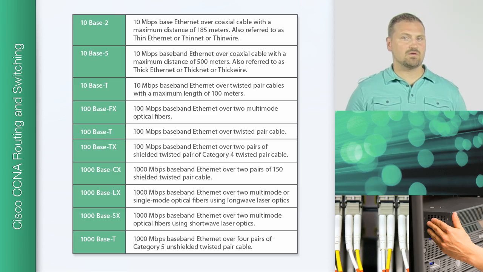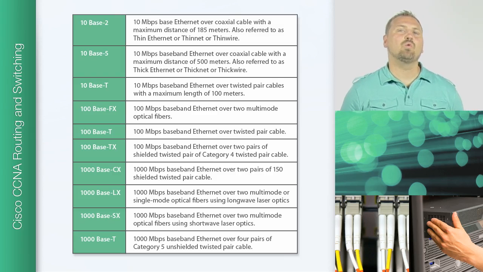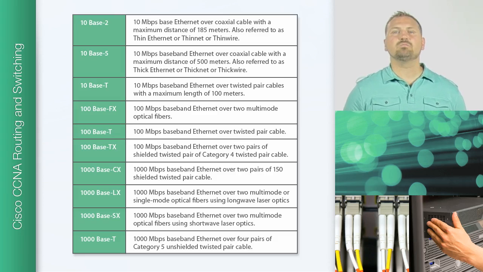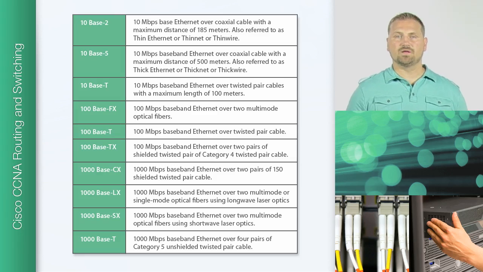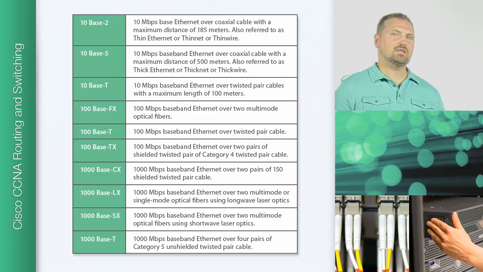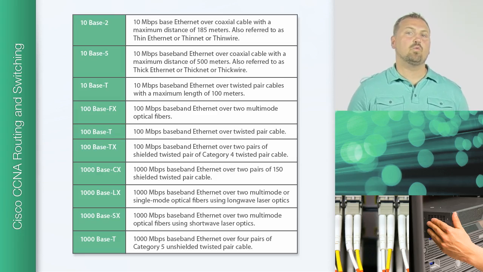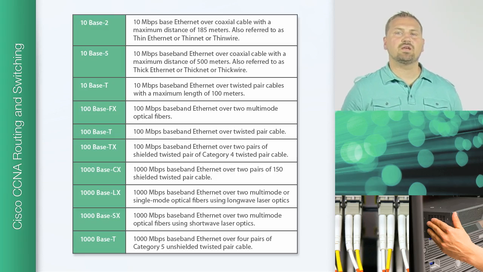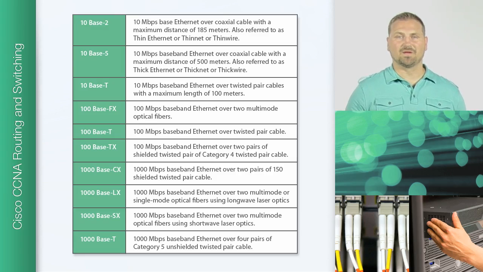Now, Ethernet-based standards that use twisted pair are 10-base-T, 100-base-T, and now 1000-base-T. 1000-base-T has speeds of up to 1000 megabits per second, 100-base-T goes up to 100 megabits per second, and 10-base-T goes up to 10 megabits per second. And finally, there is 100-base-FX, 1000-base-LX, and 1000-base-SX, which are standards of Ethernet that run over fiber optic cabling.